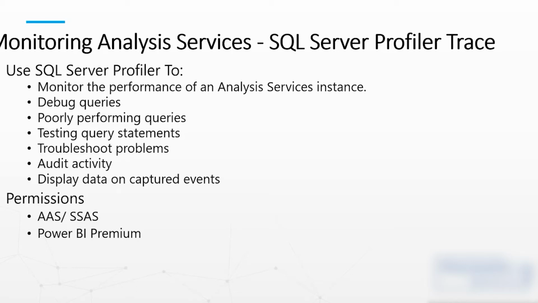Now, one thing that's key to note about this is that from a permissions perspective, for Azure Analysis Services and SQL Server Analysis Services, you must be a member of the Analysis Services Server Administrator role. Can view all server and database traces. Users not in the server administrator role can view traces only for databases in which they are a member of the database administrator role.